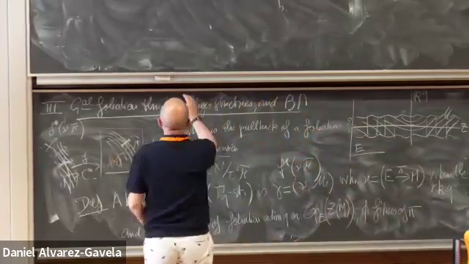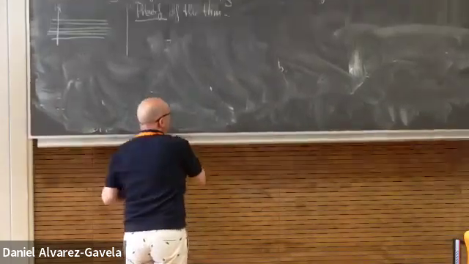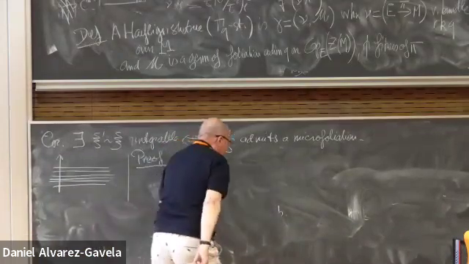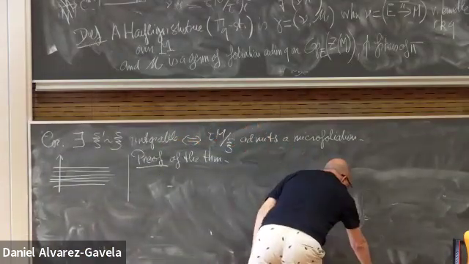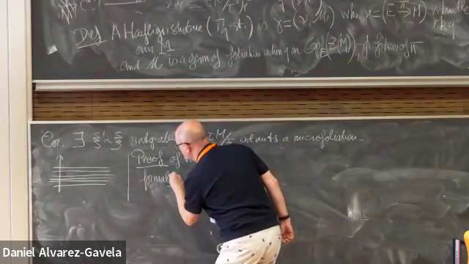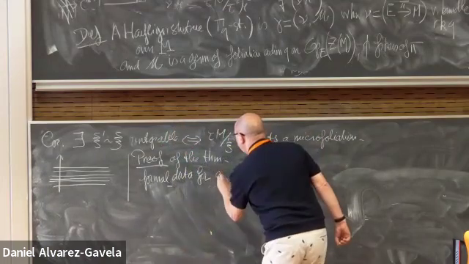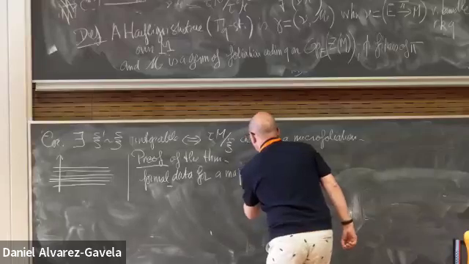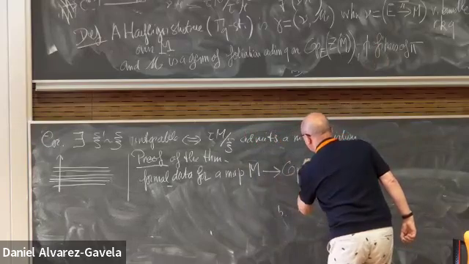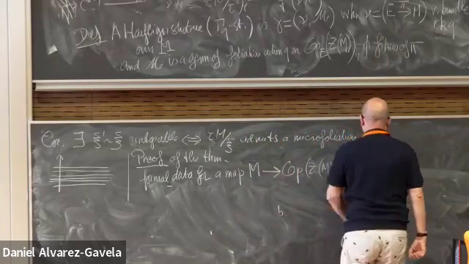I claim that we have the formal data for a map from M to the open neighborhood of the zero section transverse to the microfoliation.